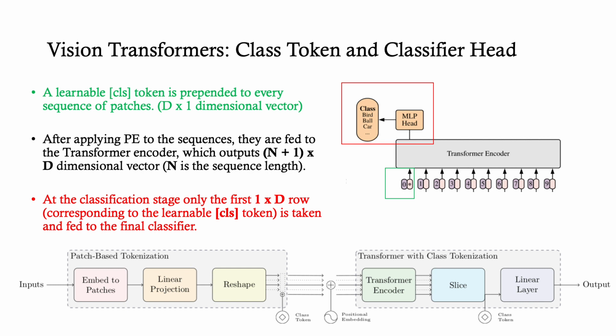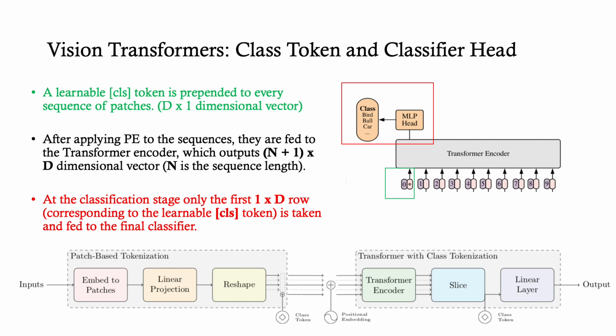After applying the positional encoding to the sequences, they are jointly fed to the transformer encoder, which outputs an n plus 1 by d dimensional matrix, where n is the sequence length. At the final classification stage, only the first 1 by d row of this n plus 1 by d matrix is taken and fed into the final classifier. That's why the MLP head is sitting on the left.